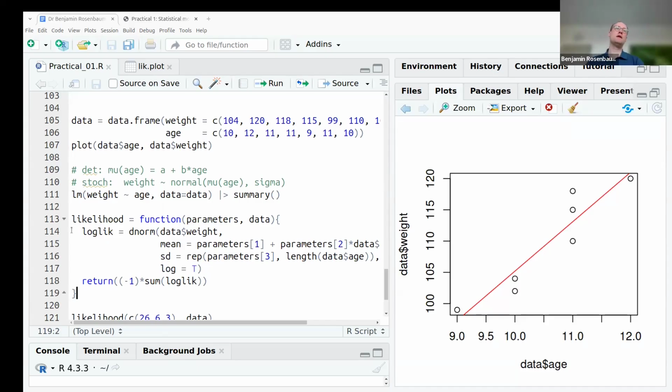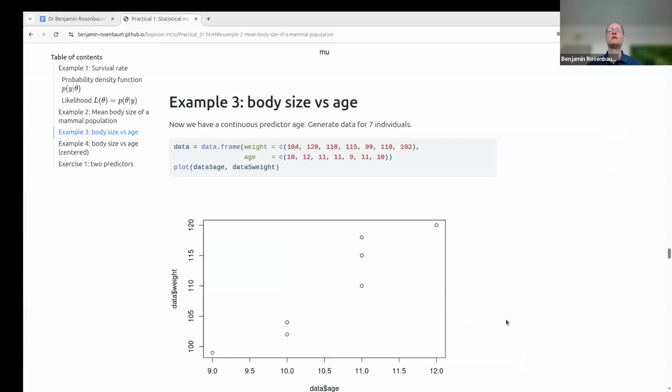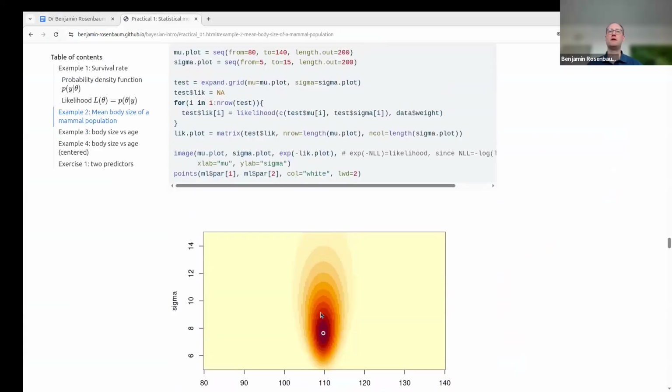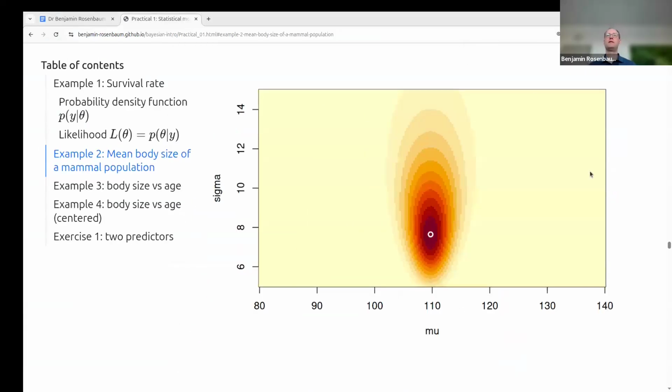However, it still requires this likelihood function. We do not have to know how this likelihood function looks over the whole space of parameter combinations. Right, so here we do not have to know all of these values here. It is computationally completely unfeasible if you have a couple of parameters more. However, you can use this mathematical optimization that starts somewhere here and just finds its way to the best value.